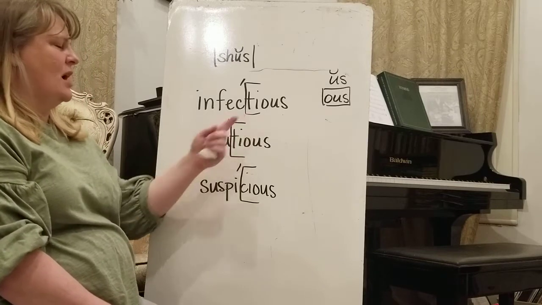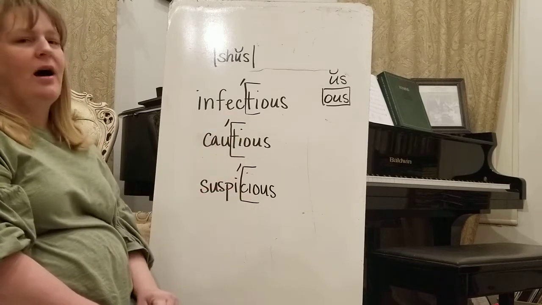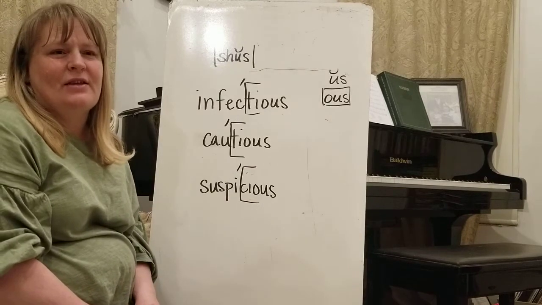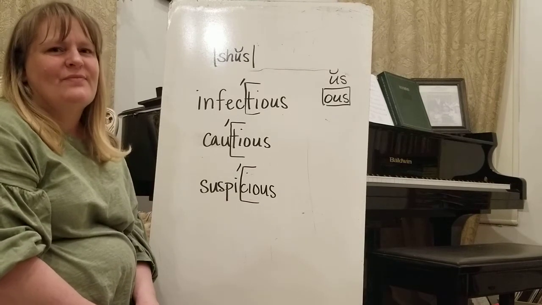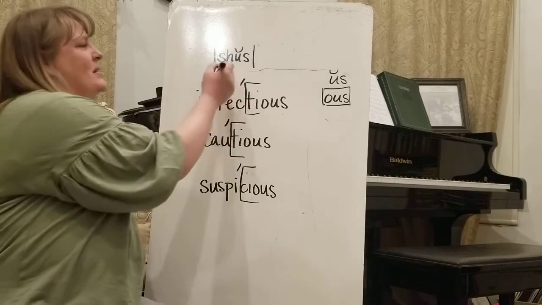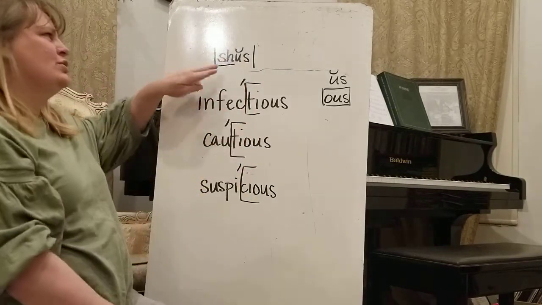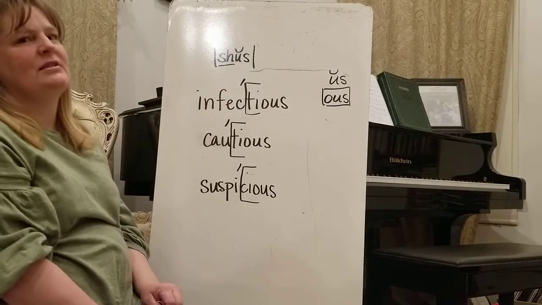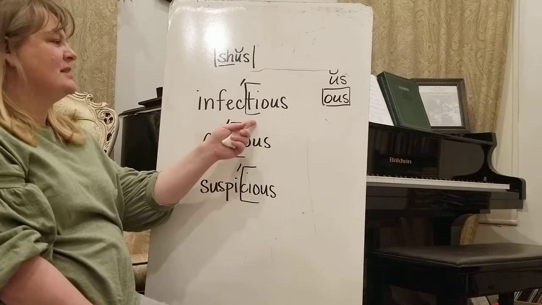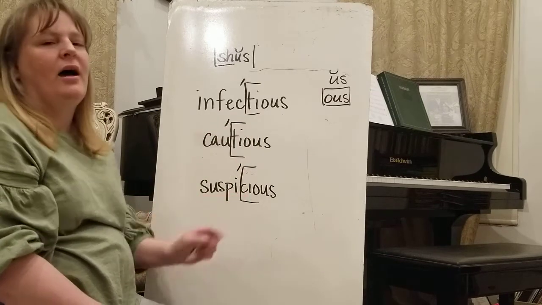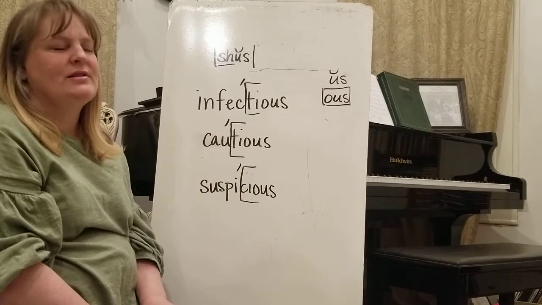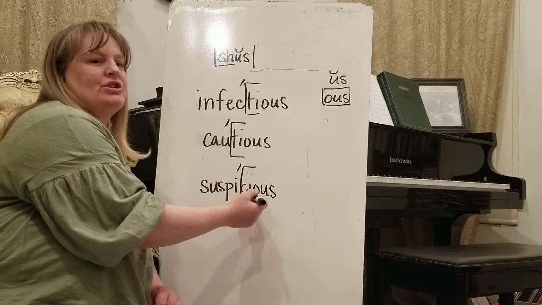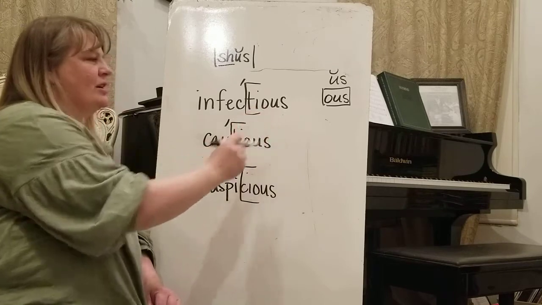We have T-I and C-I are making the sh sound. What letters usually make the sh sound? S-H, right? Like up here. Sh. That's the usual digraph that says sh. But in these words, T-I and C-I are making that sh sound. And when we put it with the O-U-S, it says shus, shus, shus.